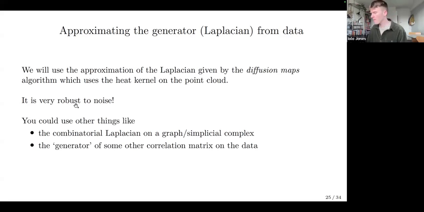But you could use a bunch of other things that I haven't tried, but would be nice. Say the combinatorial Laplacian on a graph: if you plug that in, you would get a discrete model of Riemannian geometry on a graph, which would be nice because that doesn't exist already. Or generators of other kinds of things. So you can think of this generally as a recipe for how you turn Laplacians into Riemannian geometry.